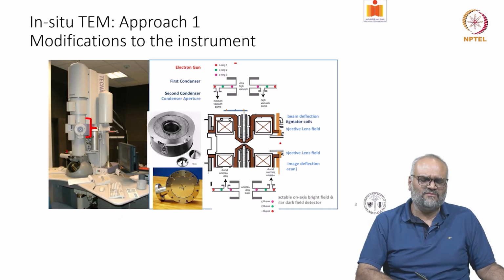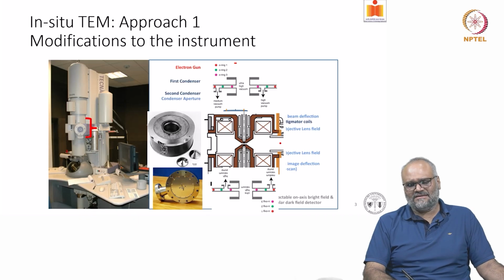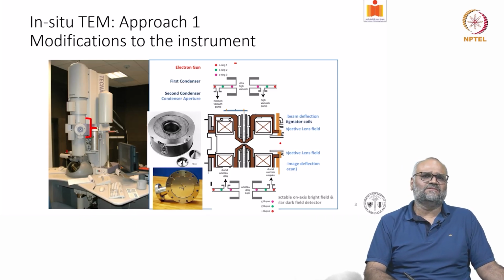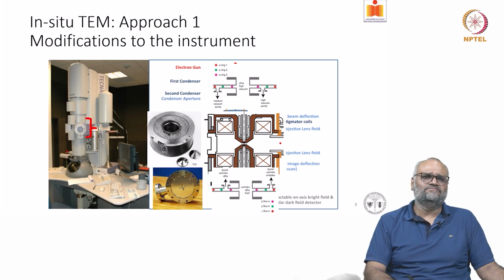So this kind of a modification to transmission electron microscope where you can introduce gases into the microscope column is actually called Environmental TEM, and it gained quite some popularity, and it is very useful for some studies, in particular catalysis and chemical reactions that are typically with a material and gas environment.